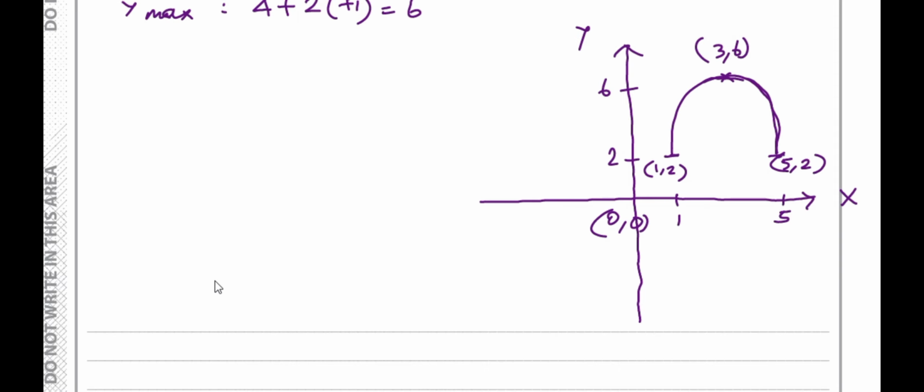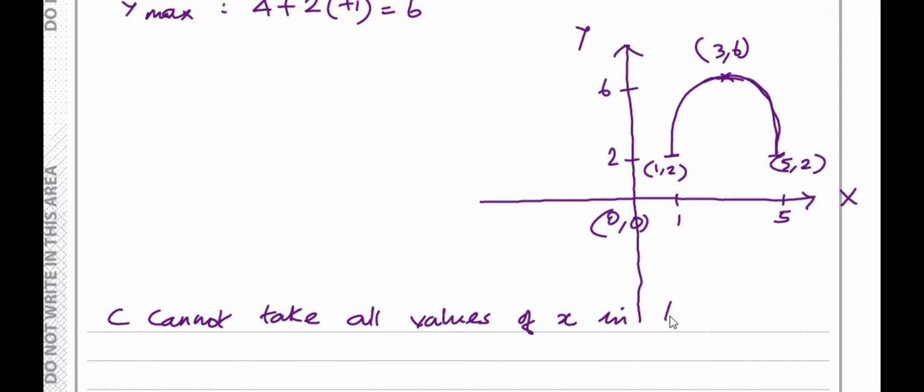of X in the real set. So we already know C cannot take all the values of X because of these restrictions. So we can say C cannot take all values. Cannot take all values means it will not be valid for all values of X in the real set.